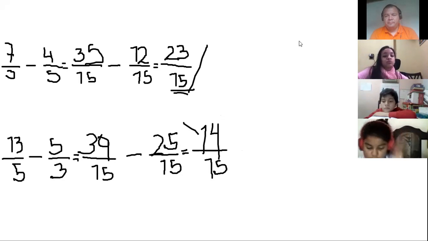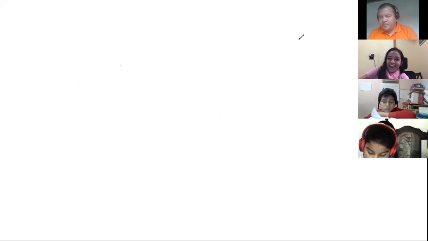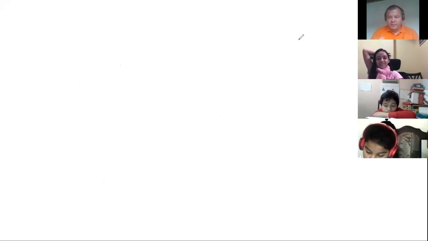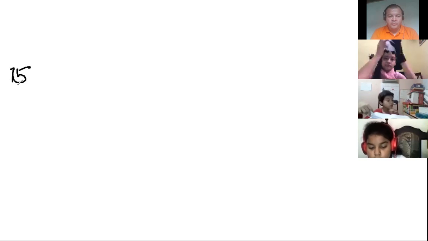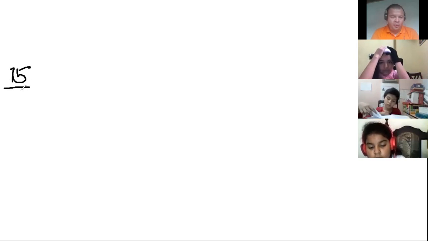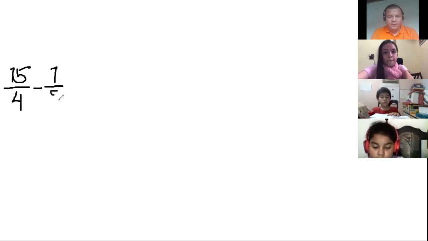Number 3. I don't know which number of the exercise it is in the page. So I have 15 over 4 minus, or subtract, 1 over 5.